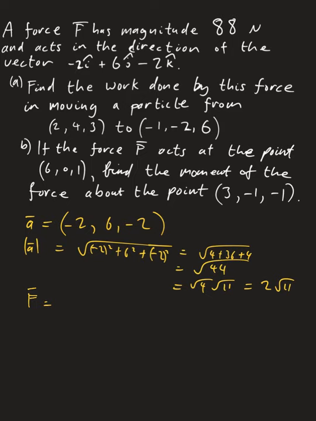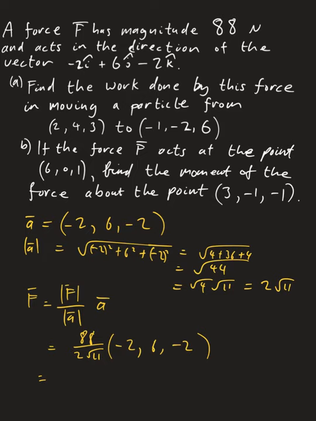Now to get F, I'm going to divide that vector by its own magnitude to get a unit vector, and then multiply by the magnitude of F to get a vector with the right magnitude and direction for F. So that's the magnitude of F divided by the magnitude of A times A itself. That's equal to 88 divided by 2 root 11 times (-2, 6, -2). I can simplify the bit on the left: 88 divided by 2 is 44, and 44 is 4 times 11.